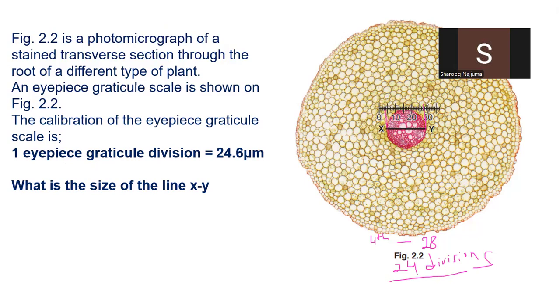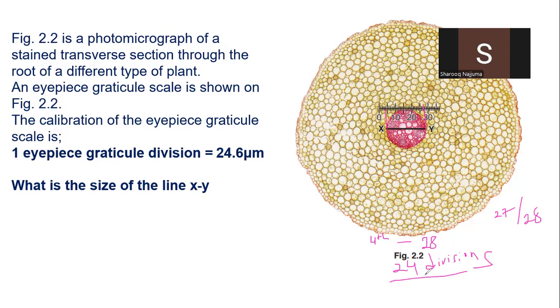And then this side, it's at the 28th or 27th. But you just have to make sure that you are accurate. So I have taken the 28th, and when I get the difference, I'm having 24 divisions.